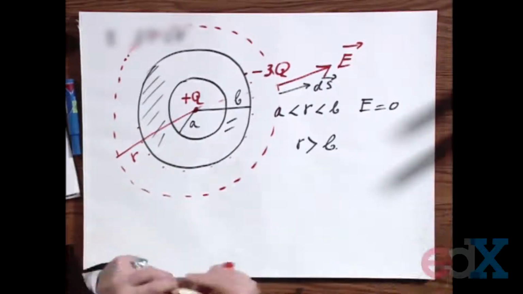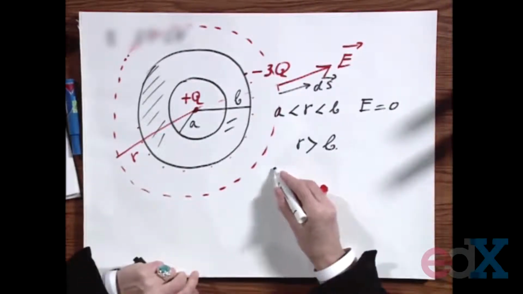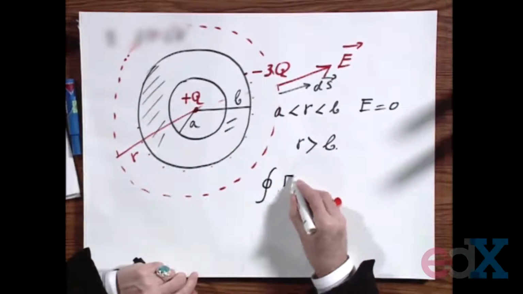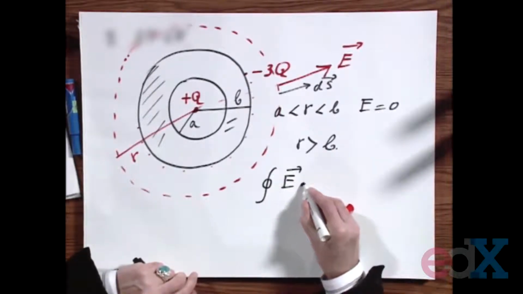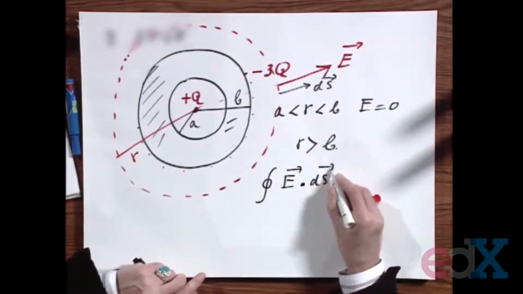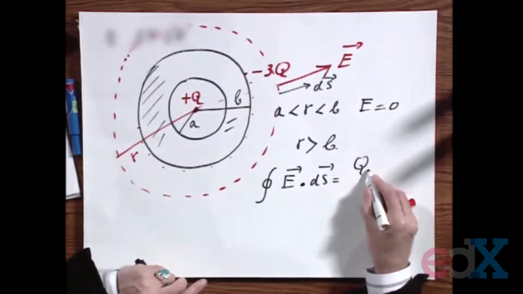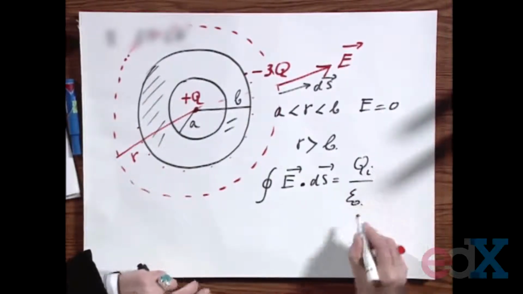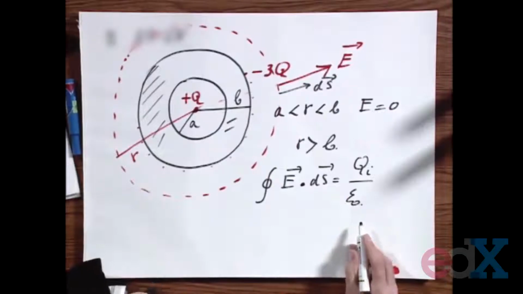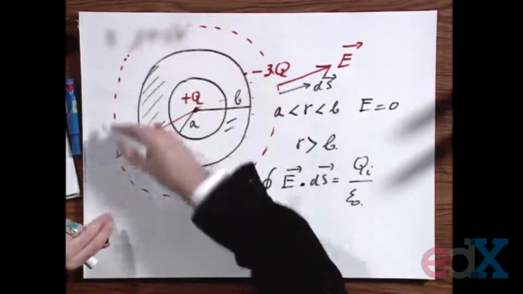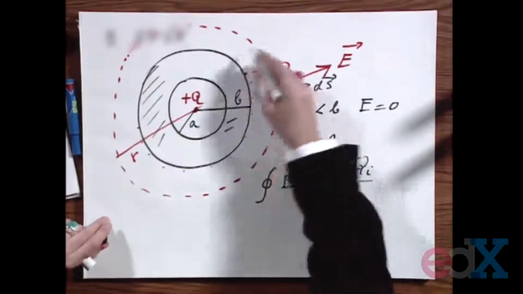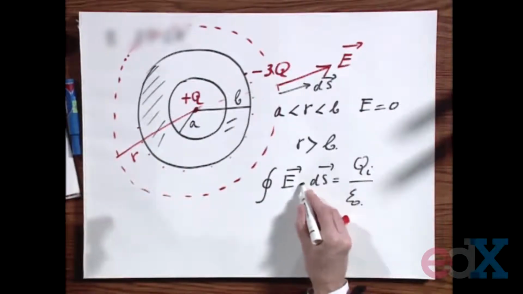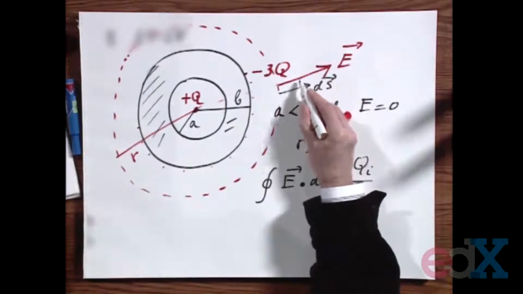So what is Gauss's law telling us now? That the closed surface integral of E dot dS is the total charge inside the sphere divided by epsilon 0. Well, E is everywhere the same in terms of magnitude on this sphere, and so the dot product we will take plus 1, because we will make the assumption that they are in the same direction.